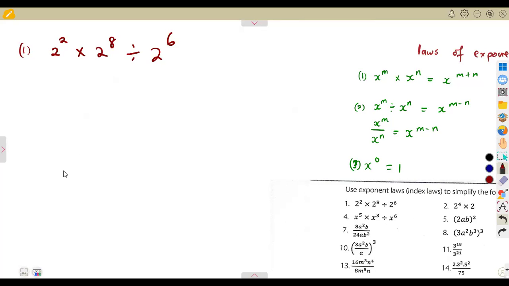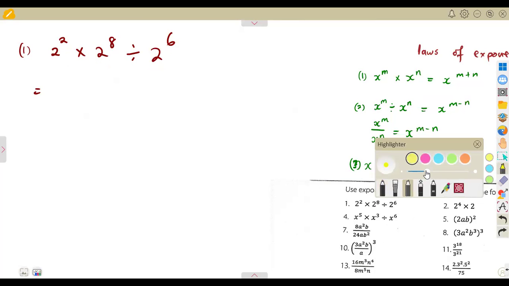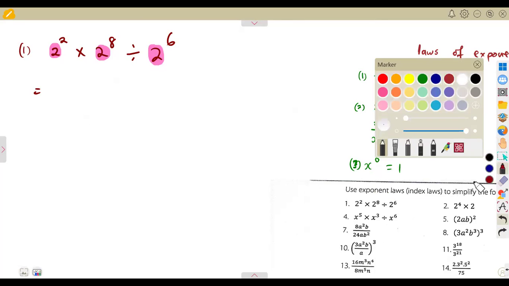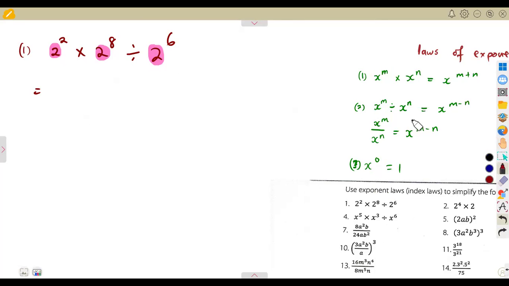I'm going to apply the laws now because I'm given these bases which are the same. We are in the base of 2. What you consider there is the base, which is the same. Having the same base allows us to apply the laws.